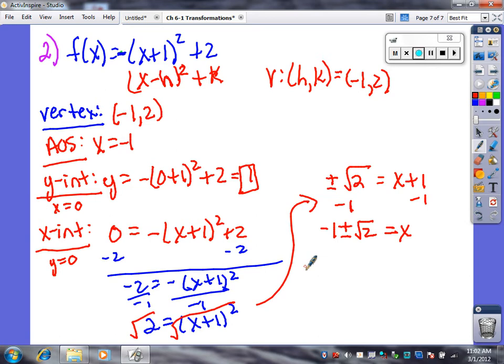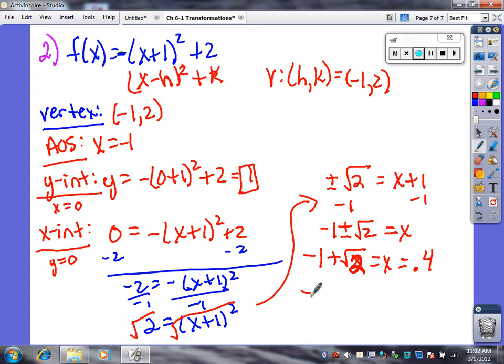So here we go. We're going to get negative 1 plus the square root of 2 equals x. I just wrote square root of x. All right, so negative 1 plus the square root of 2. So what does that equal? That's approximately 0.4.